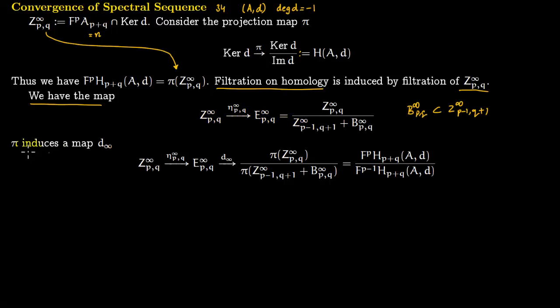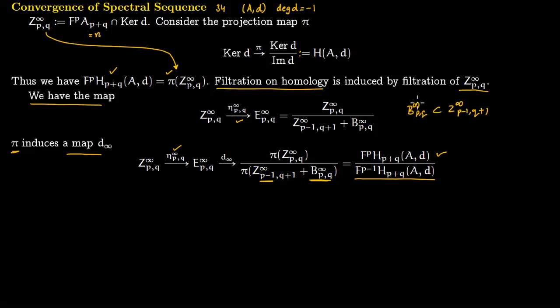So this pi, this projection map, induces this map D infinity. You first go from E infinity, that is this map, you copy right here, and from here you apply D infinity. That means apply this pi to the numerator and apply pi to the denominator. Now this B infinity PQ lies within Z infinity P minus 1 Q plus 1, therefore you can ignore this completely, and you know pi of Z infinity PQ is F_P H_{P+Q}(A, D), just as we copied here, and similarly pi of Z infinity P minus 1 Q plus 1 is just this F_{P-1}, just this filtration right here.